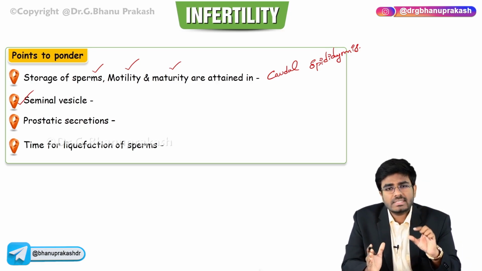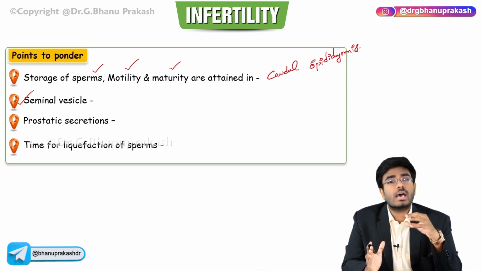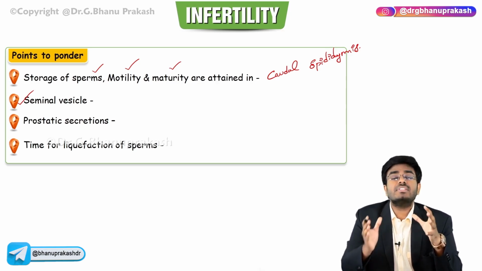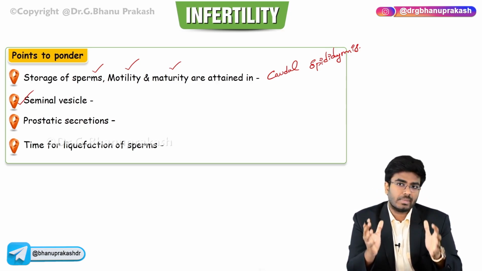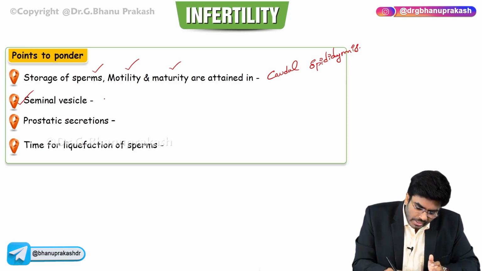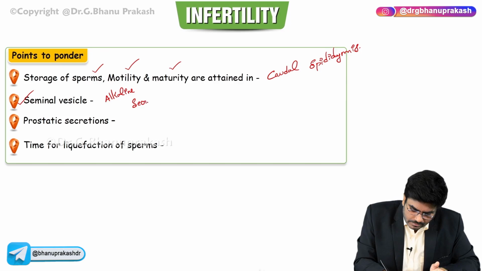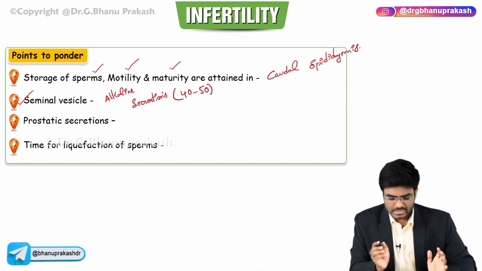These seminal vesicles make the secretions which form the bulk of the semen, and these secretions are alkaline in nature, making almost 40 to 50% of the semen.